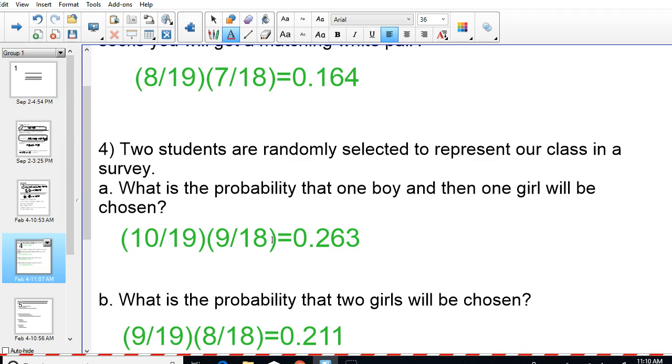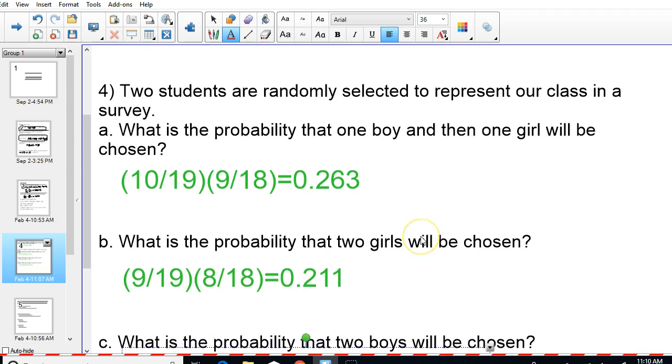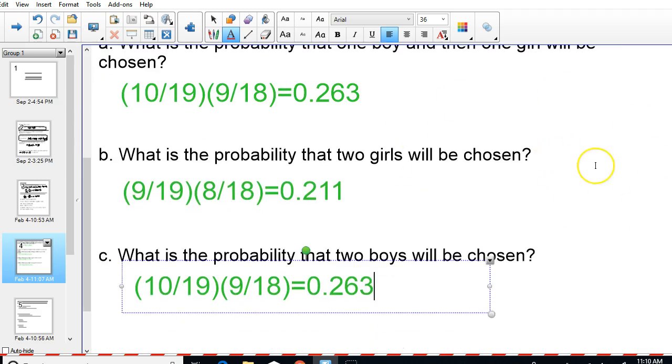If it was worded like it originally was, you would have to consider both of those, either boy then girl or girl then boy. If it's 2 girls or 2 boys, the order doesn't matter because they're both the same.